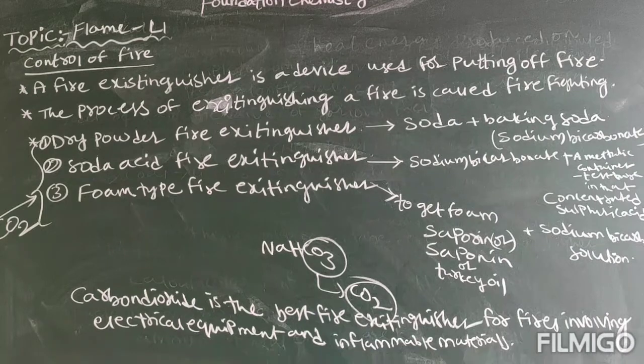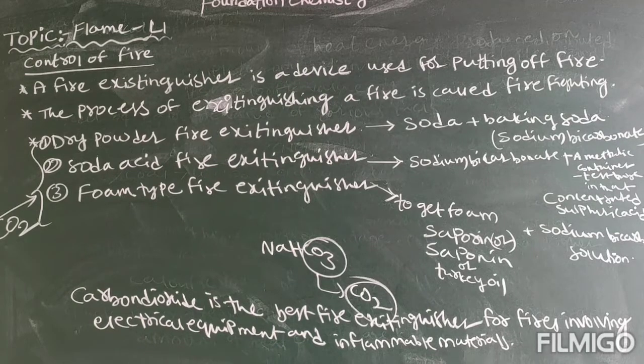In soda acid extinguishers, sodium bicarbonate along with a metallic container which has a test tube at the bottom containing concentrated sulfuric acid. In foam type extinguishers, to get foam we add saponin, a type of oil, to the sodium bicarbonate solution.